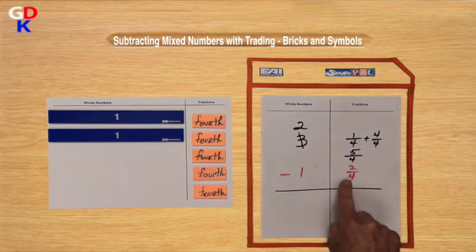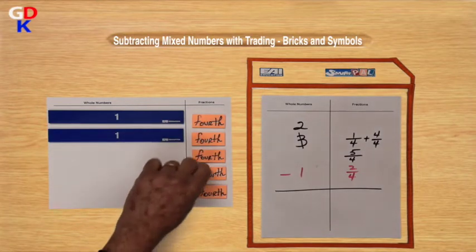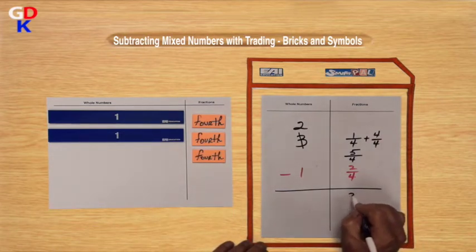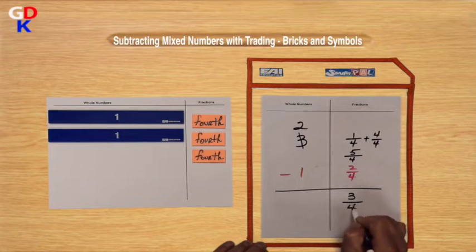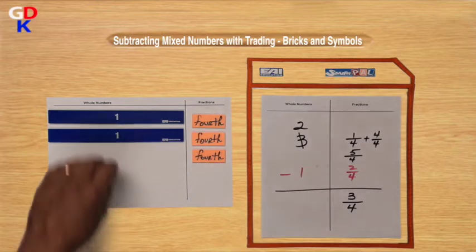Now, I wanted to subtract 2/4. I can now do that because I have 5/4. So 5/4 minus 2/4 leaves 3/4, and I record that. In the original problem, I also wanted to subtract 1, so I can do that now.